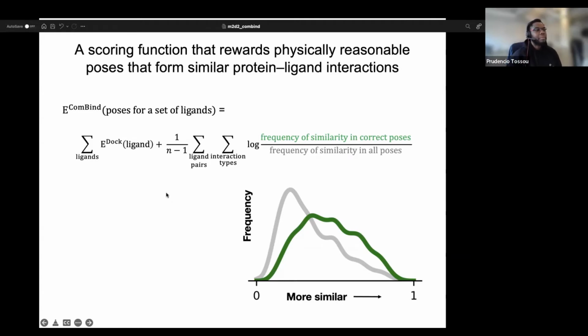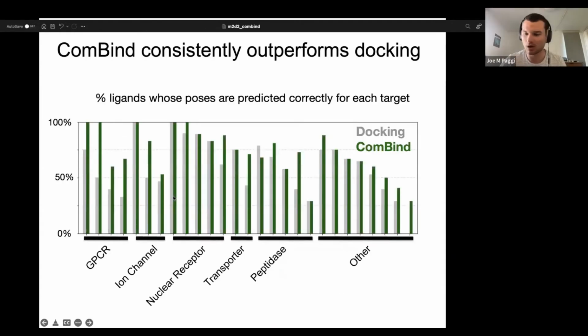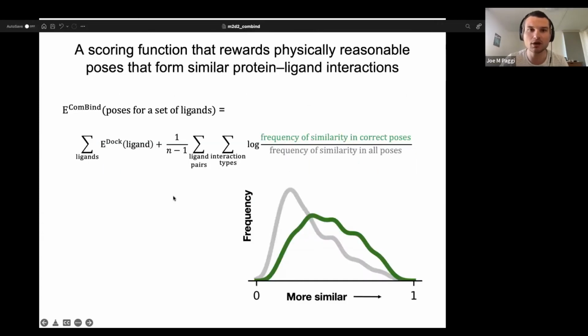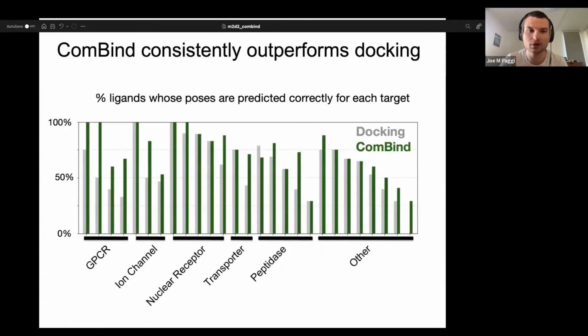So to move on to some results. We applied this model to about 30 different proteins, trying to get a good score spread over different target classes. And we found that we consistently got reasonable improvements over docking.